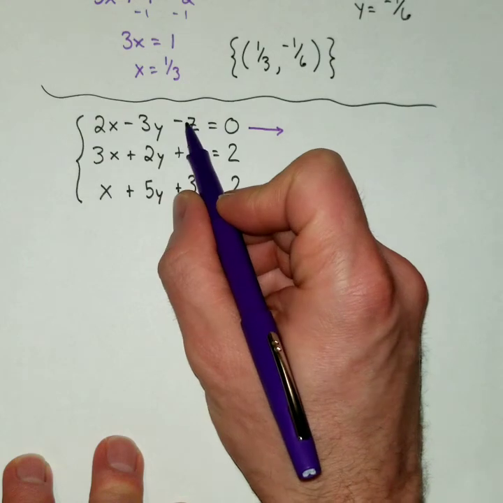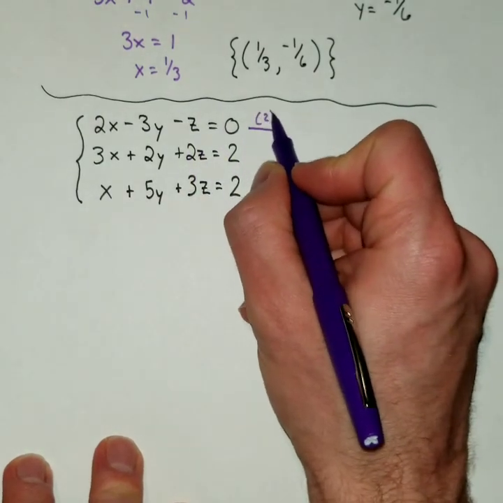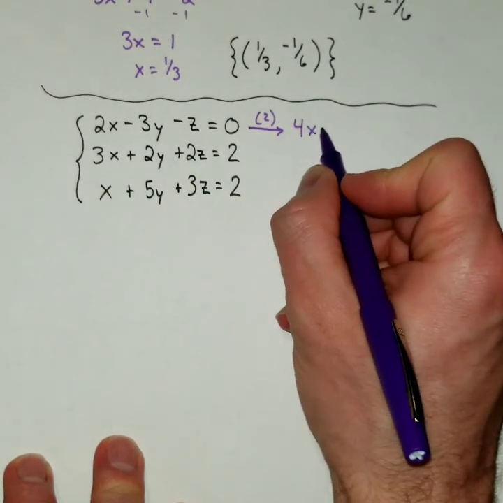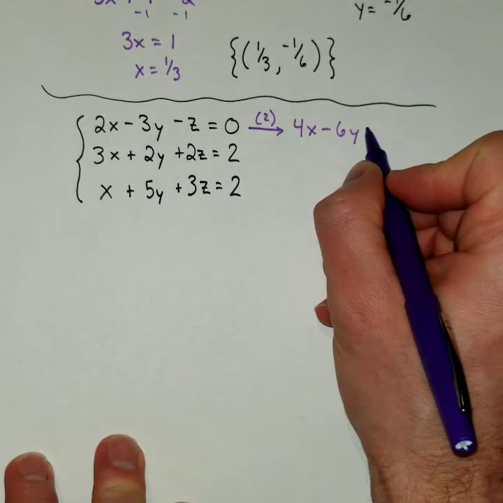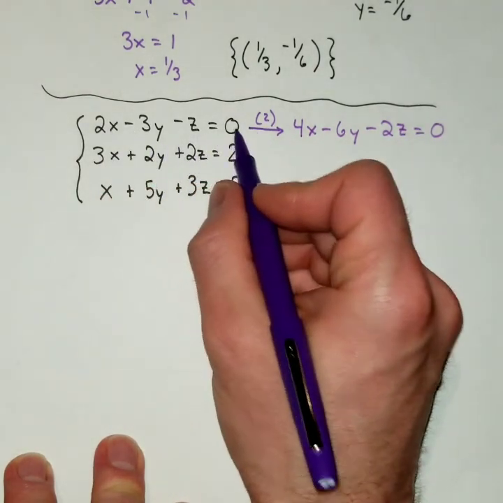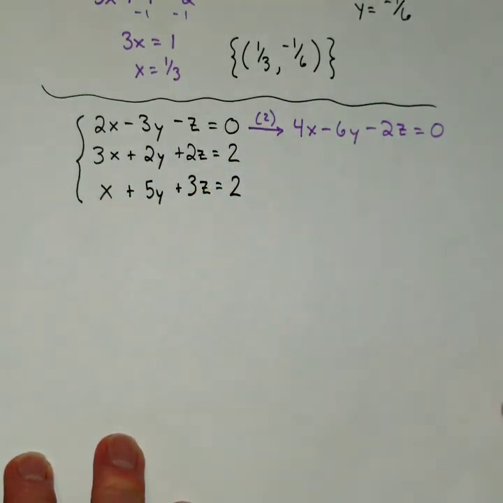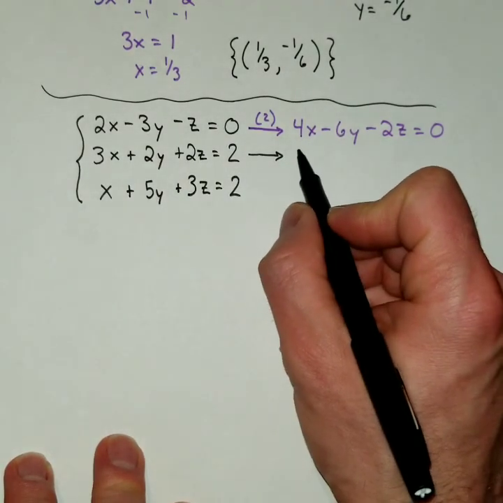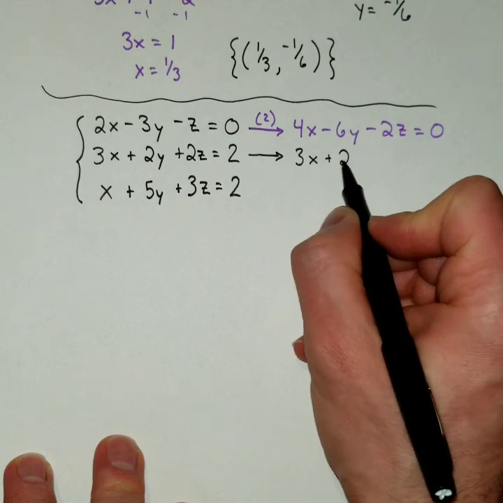So of course I need to multiply the top equation by 2, and that will create a 4x minus 6y minus 2z equals 0. That 2 distributes to all four terms. The other equation I don't need to change, so I'm going to leave that the same.